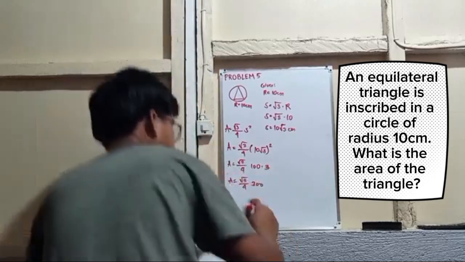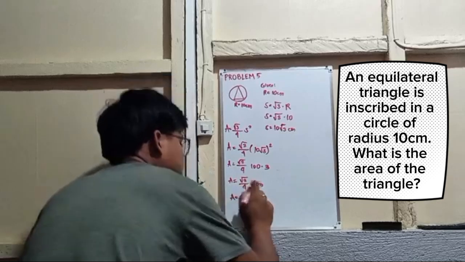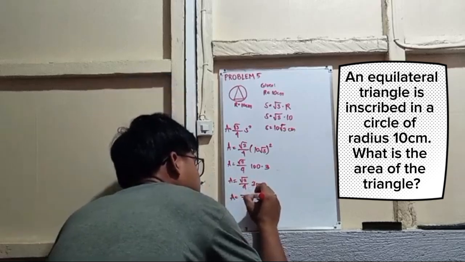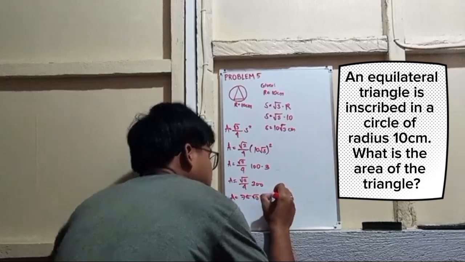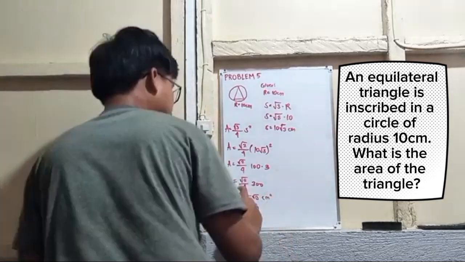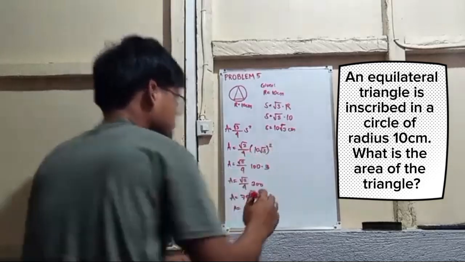Then we will get 300 divided by 4, so 75 square root of 3 centimeter squared.